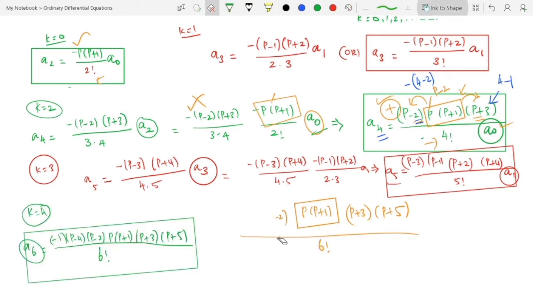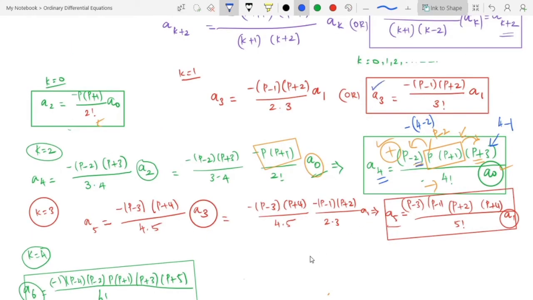Similarly, we can write the next term a7 by comparing a3 and a5. Comparing a3 and a5, that is centered with p minus 1 of p plus 2. Here also p minus 1 of p plus 2. The same operation is applied. For right side terms, we have to add 2.